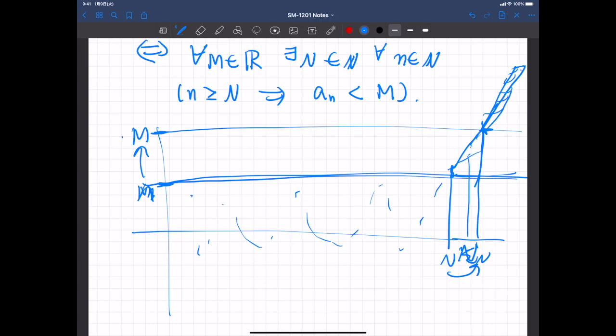So we can always choose some N for any value of m. That's the meaning of divergence to positive infinity, and similar for negative infinity.